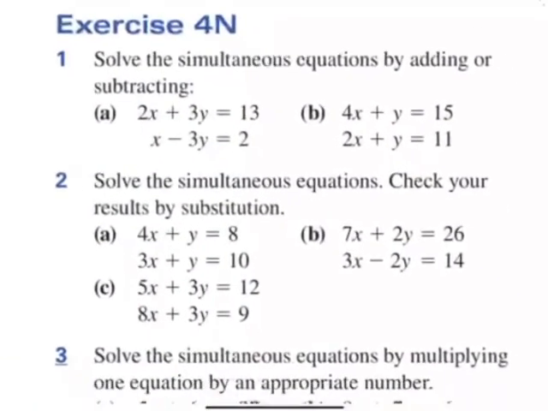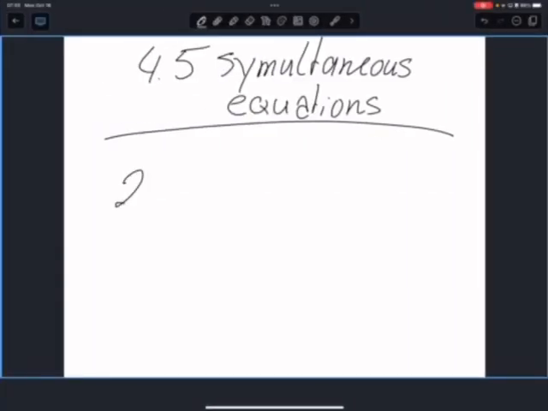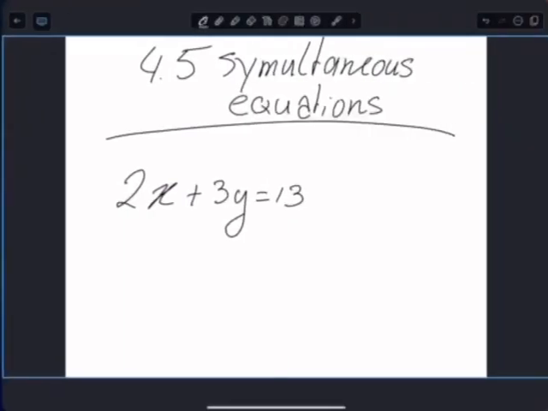If we look at the first one, x plus 3y equals 13. X minus 3y equals 2.